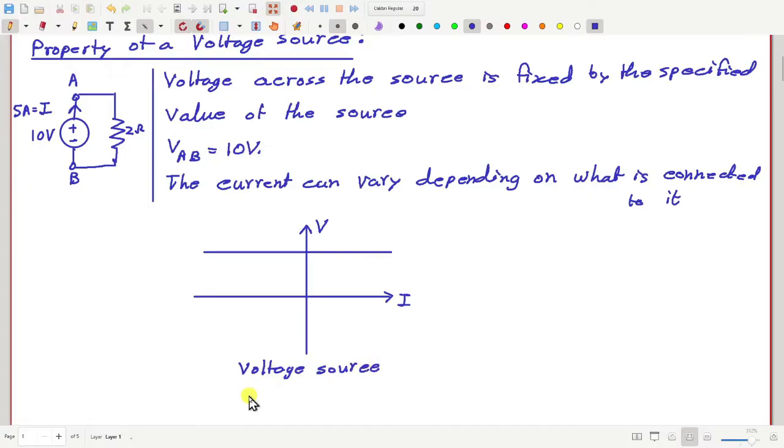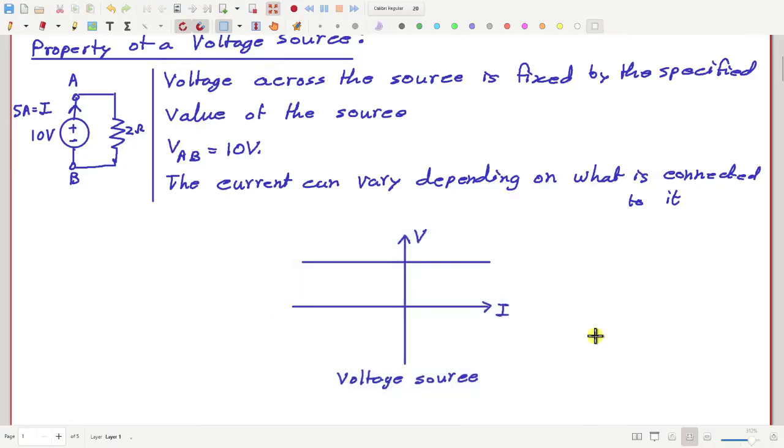Okay. The current can also be negative. When can this current be negative? For example, say if I take the source 10 volt and connect this with another voltage source, stronger voltage source, say 20 volt in opposite direction, then the current through the 10 volt source will be negative.